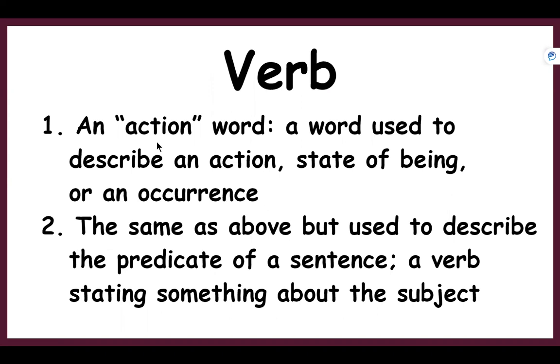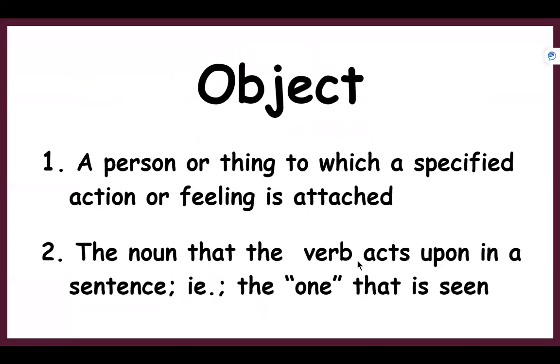And so a verb is an action word. We usually call it a word used to describe an action, state of being, or an occurrence. The same as above, but used to describe the predicate of a sentence, a verb stating something about the subject. And so in the sentence, the man sees the woman, sees is the verb.